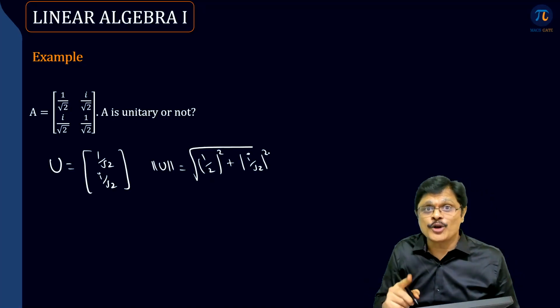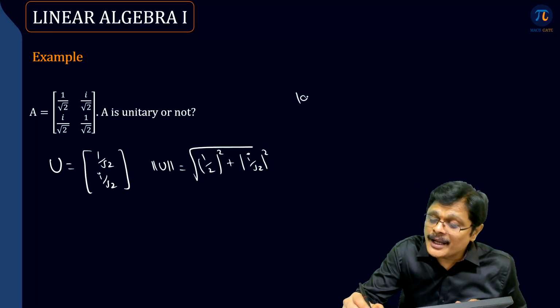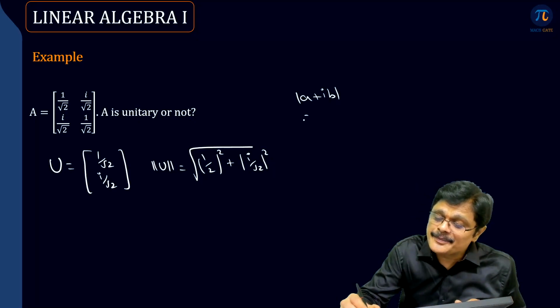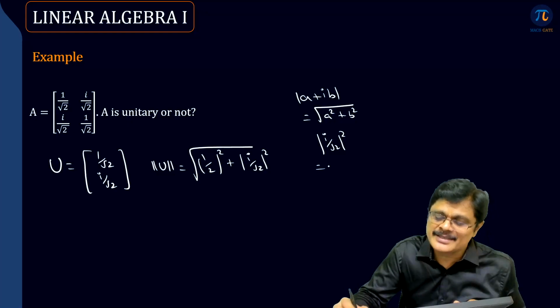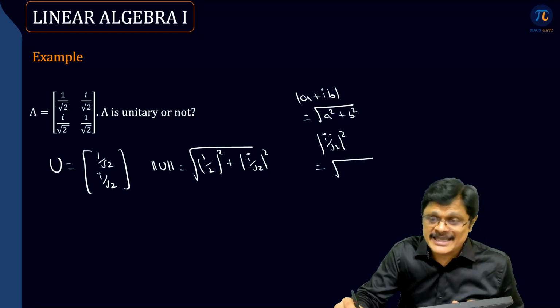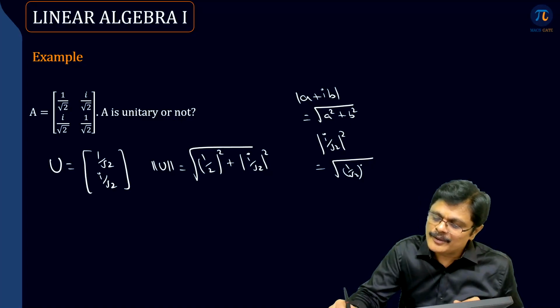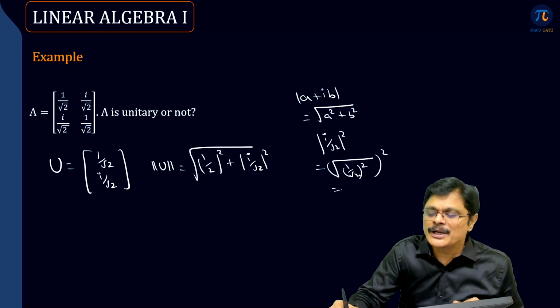Please be careful. It is not the whole square of the number. It is the mod. The mod of a plus ib is under root a square plus b square. So here, for mod i by root 2, a is 0, so you get 1 by root 2 whole square, and you get 1 by 2, my dear friends.